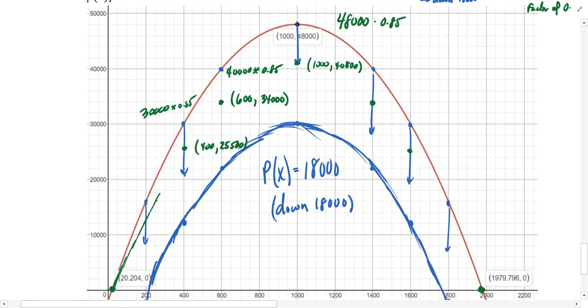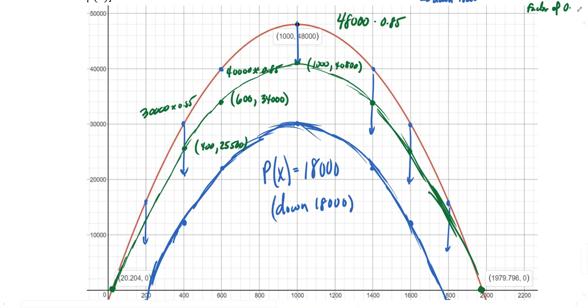If we were to connect these green data points with a graph, our profit curve looks something like this. Okay, it's not perfect, but it's a good representation of our profit curve anyway.